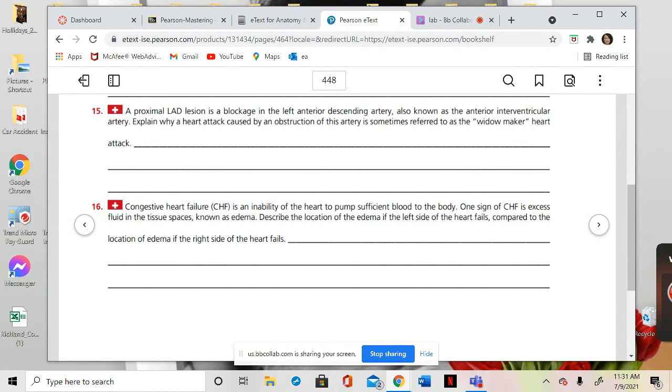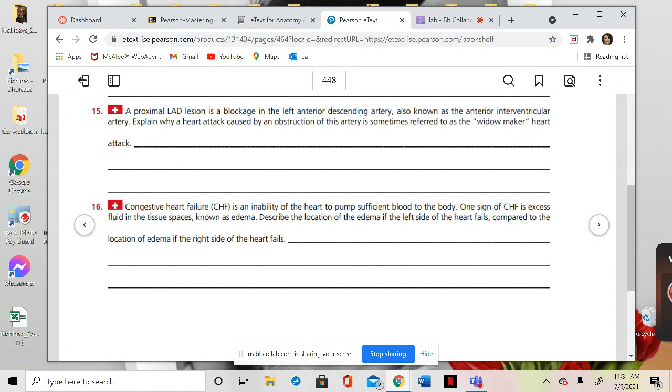If the edema is on the left side, if the left side of the heart fails, the pressure is going to build up in the veins of the lung, causing fluid to leak into the lung.